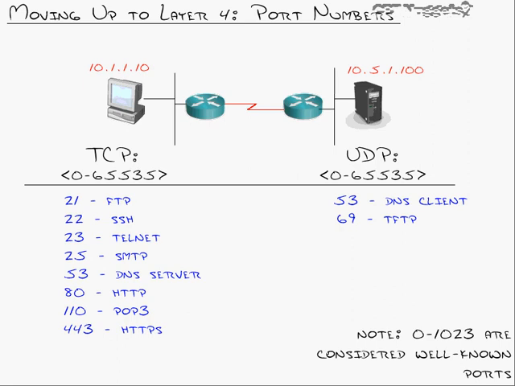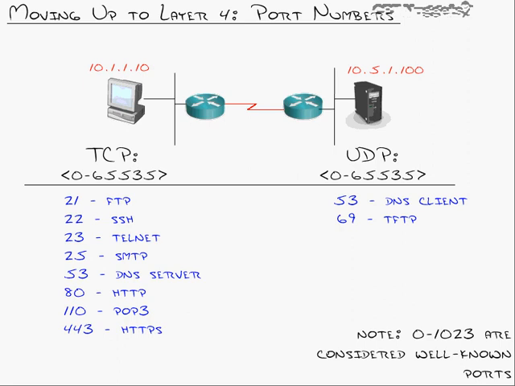So TCP applications are far more common than UDP because most people want reliable communication for their services. The only two that I would recommend knowing off the top of your head for UDP is, again, port 53. That's a DNS client. That's when you at home go to yahoo.com and your computer says, what's Yahoo's IP address?